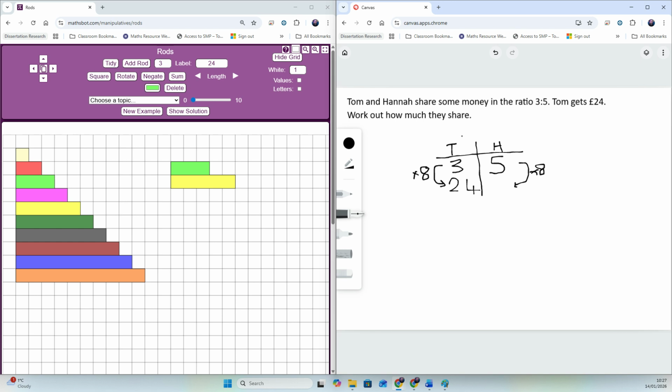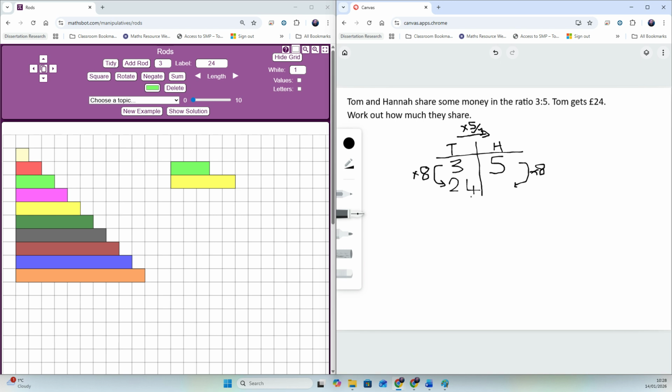But I also want to see what we might call here the functional relationship or the exchange rate, the fact that across this table Hannah's amount will always be 5/3 of Tom's amount. And so it doesn't really matter.